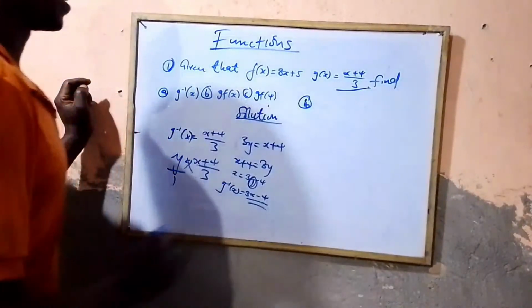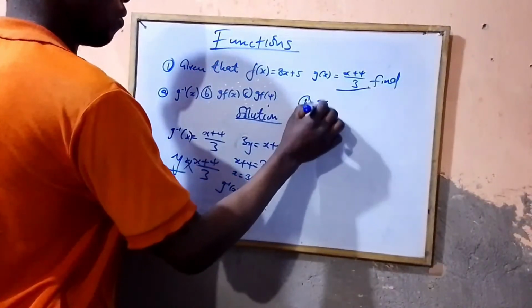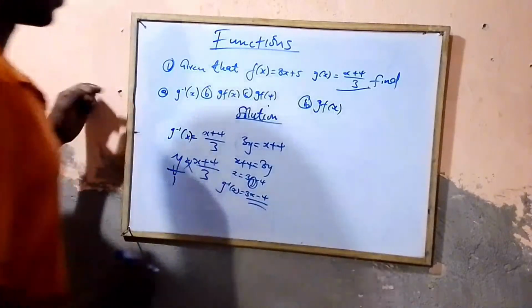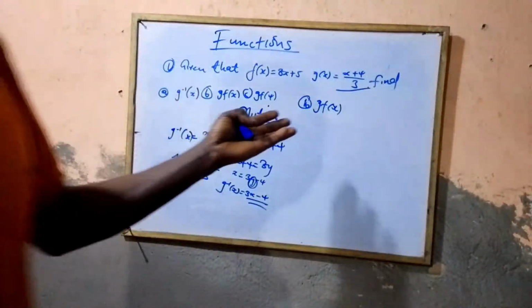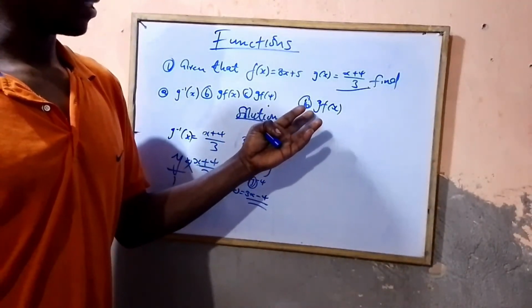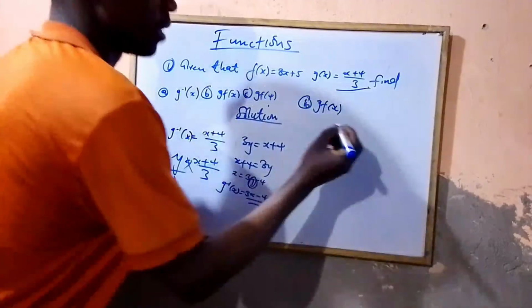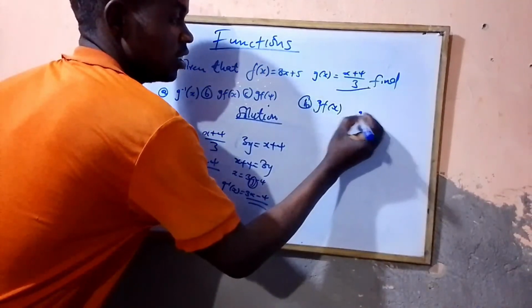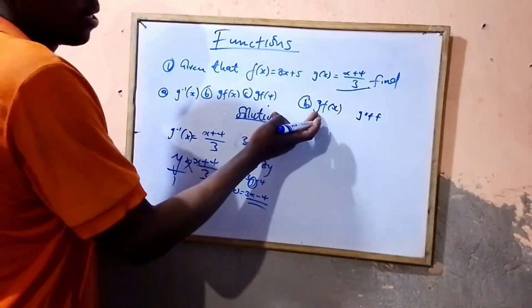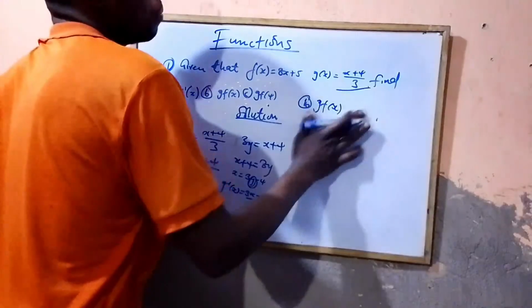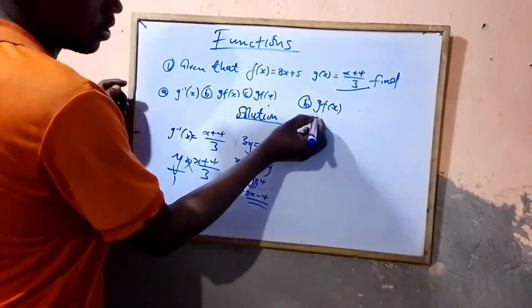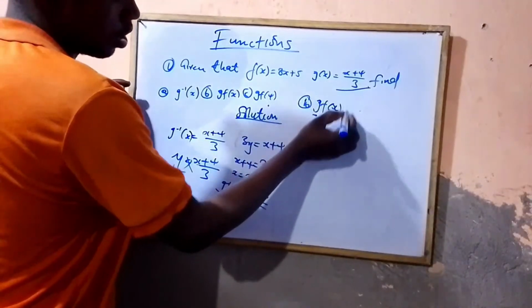We have g of f of x. So what does it mean here? It means that you must find g of f. Sometimes they say it like g of f. This is the same thing which they mean here, g of f. So what you have to do, this g here will swallow the function of f.